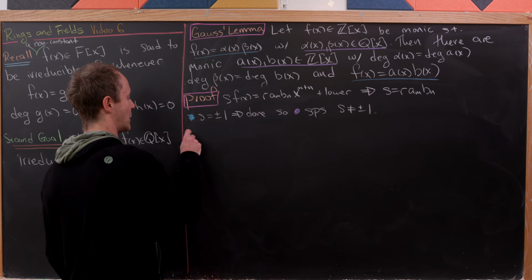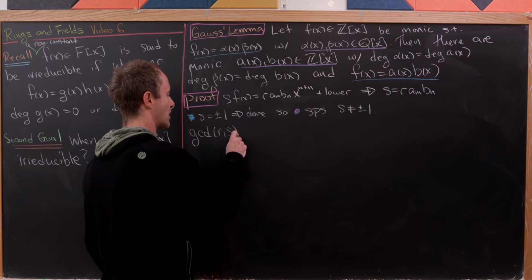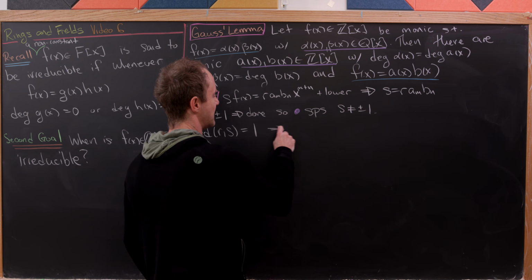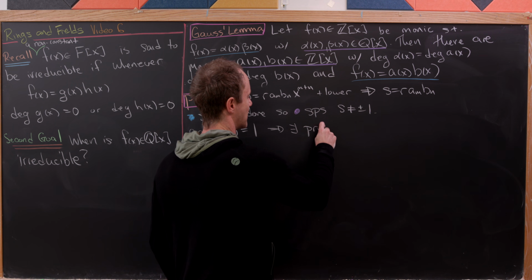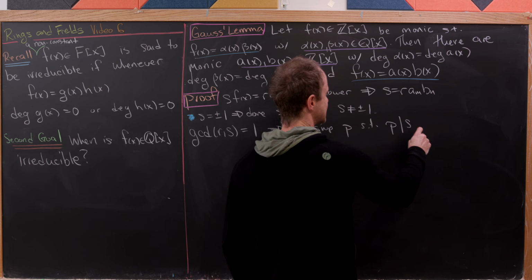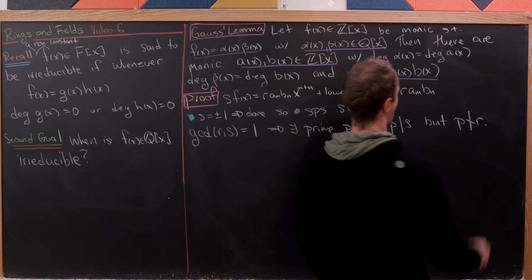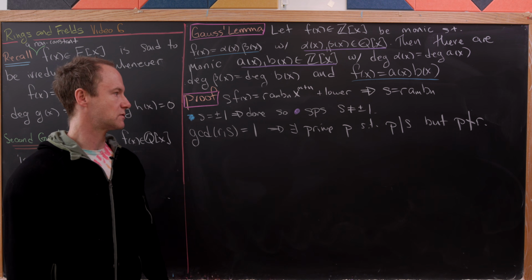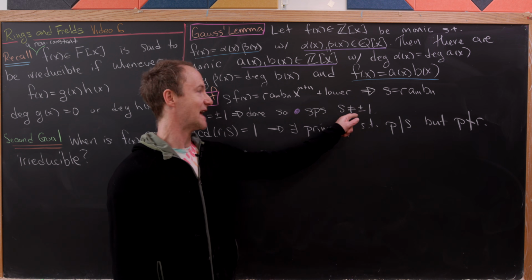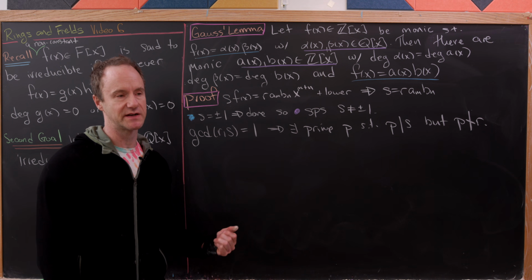Now, let's note the following. Since the GCD of r and s is equal to 1, there exists a prime number p such that p divides s, but p does not divide r. Let's talk our way through that. Since s is not plus or minus 1, it has a prime divisor.